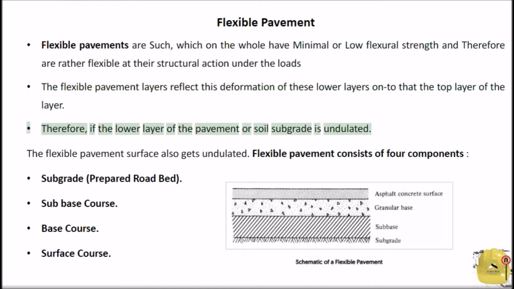Therefore, if the lower layer of the pavement or soil subgrade is undulated, the flexible pavement surface also gets undulated. Flexible pavement consists of 4 components: subgrade, prepared road bed; sub-base course, base course, surface course.